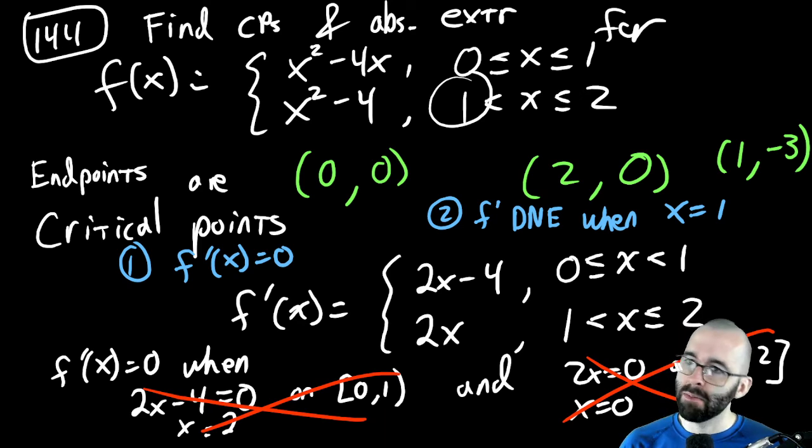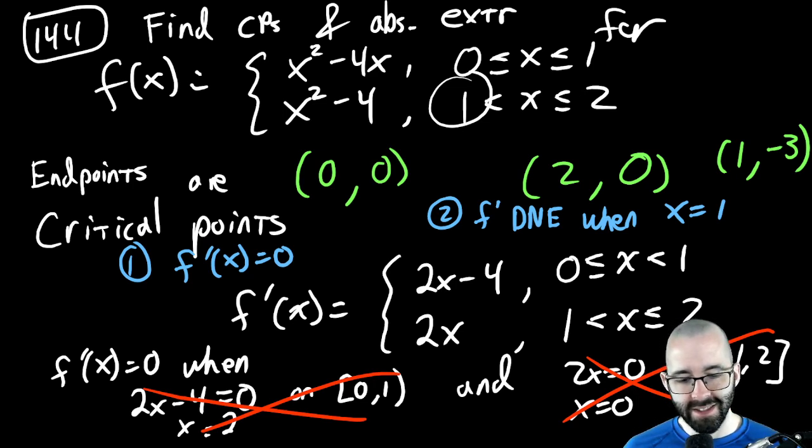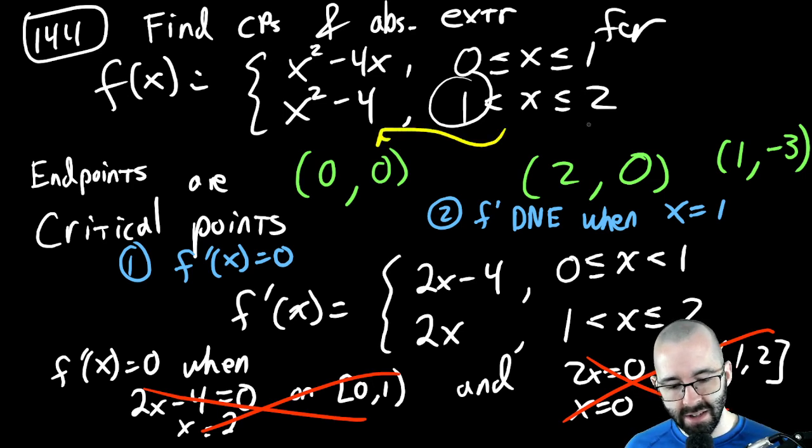So 3 candidates, pick the biggest, pick the smallest. Oh, wait, both of our endpoints are the biggest. Huh, that's kind of a weird situation. These are both the biggest. And it's the smallest.